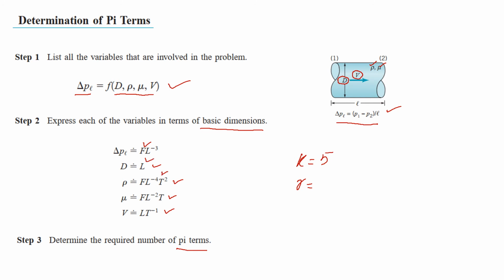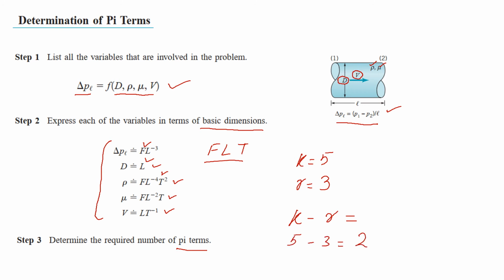You know that F, L, T are the minimum number of reference dimensions, as we already discussed in the previous slide, that are required to represent all these variables. So the number of reference dimensions is 3. So by using the Buckingham Pi theorem, that is K minus R, we get the number of required terms.